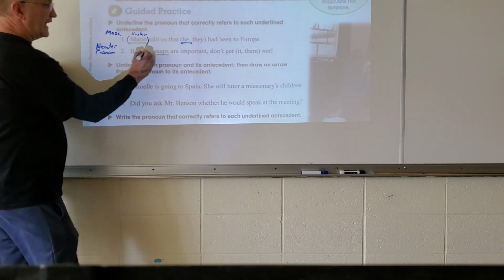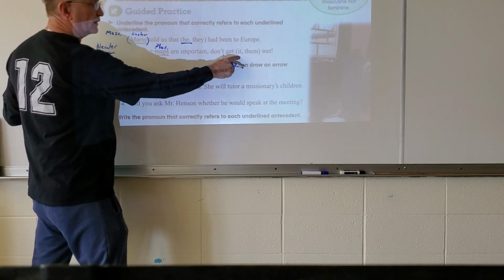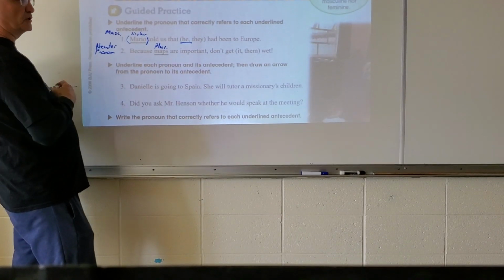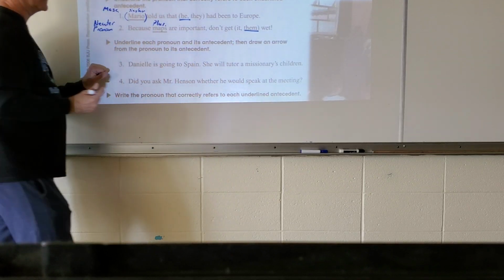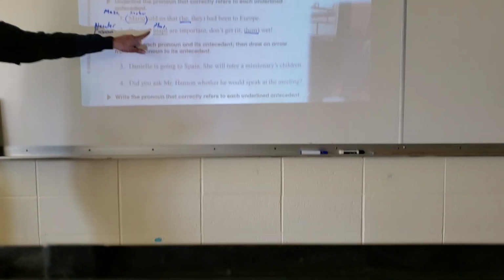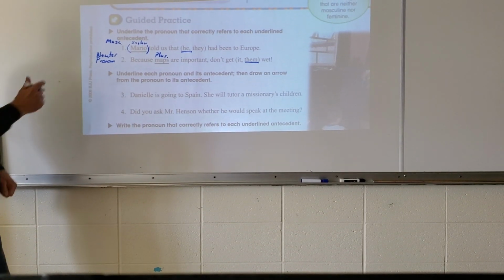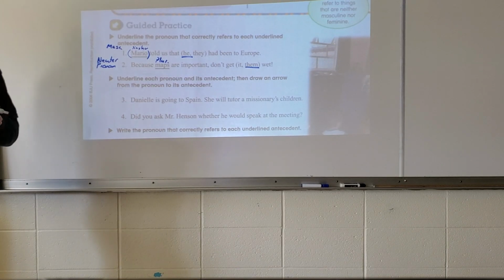Because maps are important, don't get it or them wet. All right, so we have plural, and so we're looking for a plural. All right, so, and sometimes you can proofread and you can see right away. So in this case, them wet. Maps mean plural, them meaning plural also. And this is plural, neuter plural. All right, now, next part.